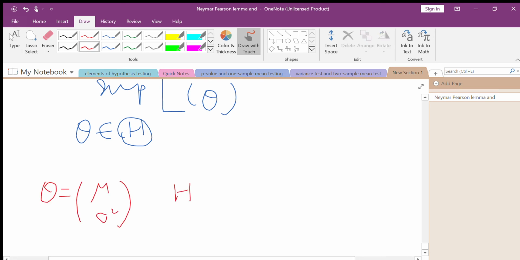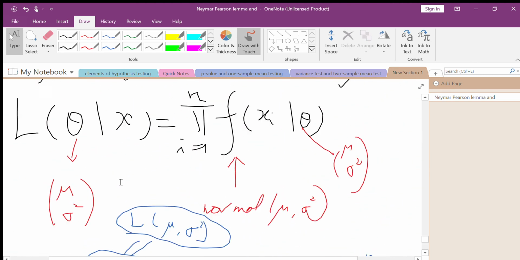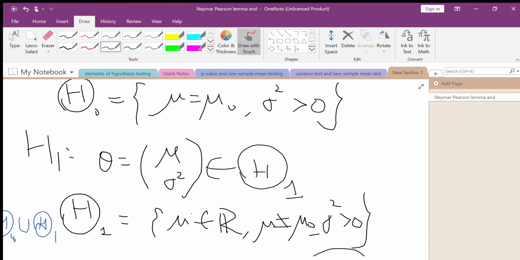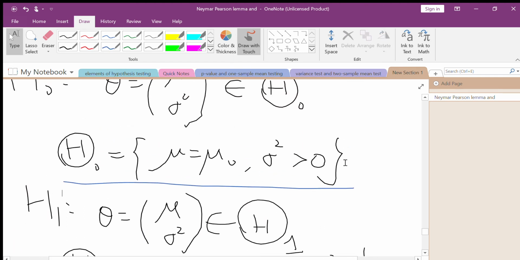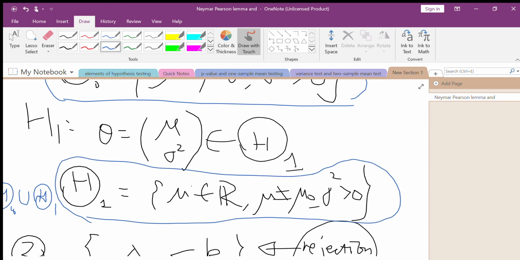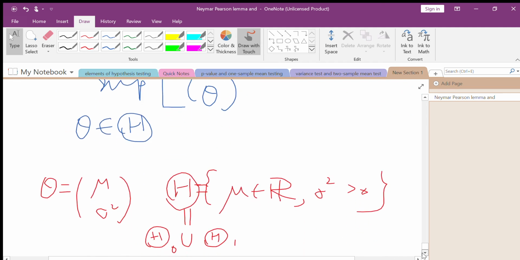The whole parameter space is just mu in R, sigma squared greater than 0, because this is theta_0 union theta_1. For theta_0, it is this form, and for theta_1, it is in this form. Then we union these two sets, and you get theta as this.